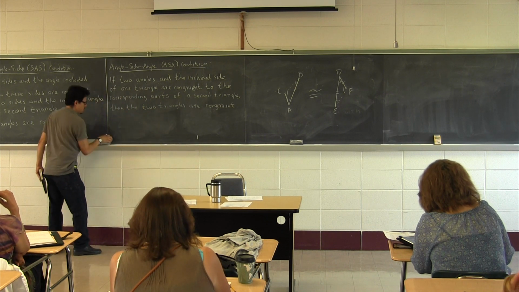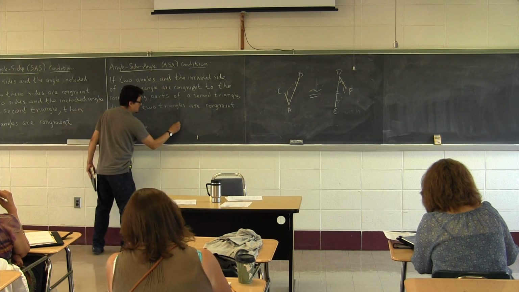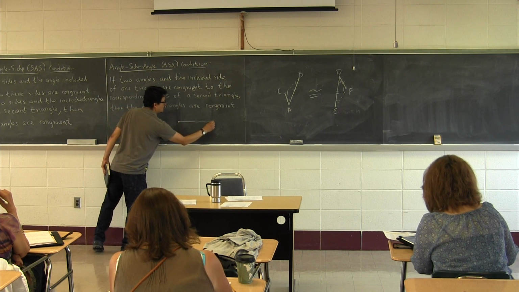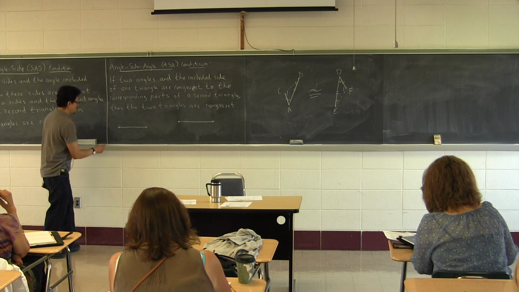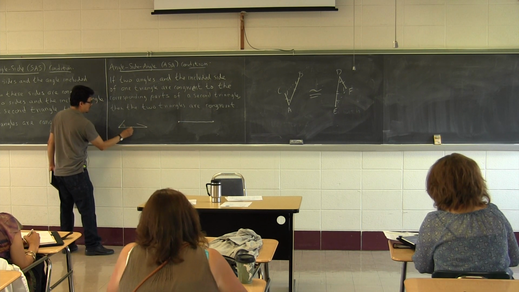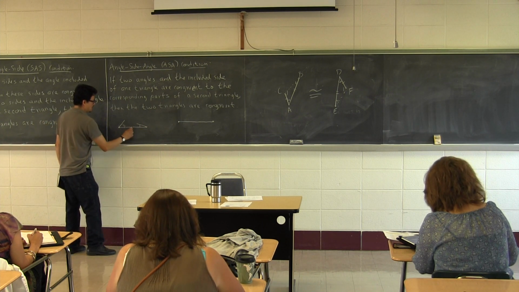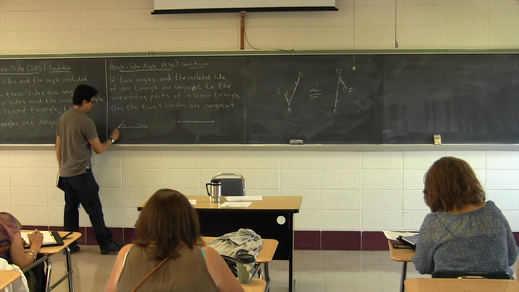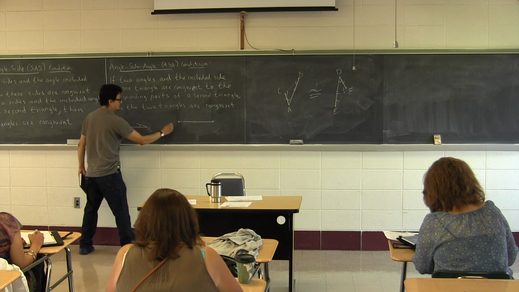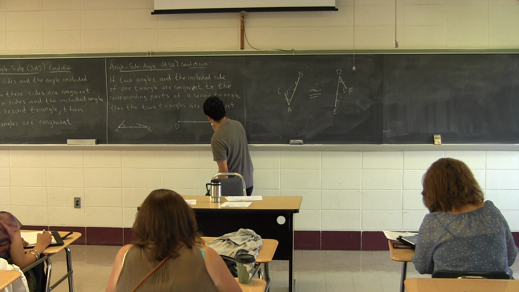Alright, so in a picture we have two triangles having a congruent side and then congruent angles.